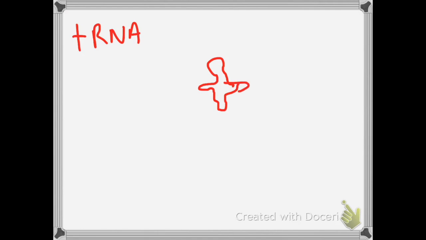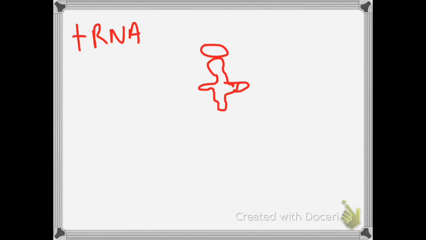tRNA is what we call transfer RNA. I'll show you what it looks like. Okay, so it kind of looks like a cross thing, and it has this site either here or here. I'm not exactly sure if it's the top or bottom, but anyways, it can carry what we call an amino acid.